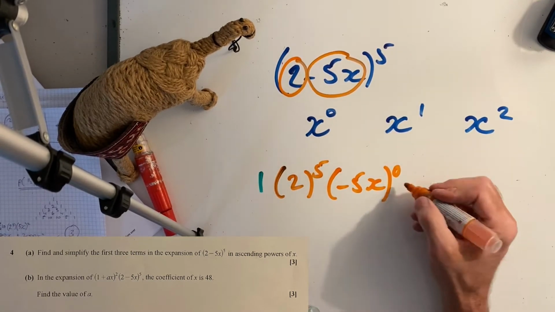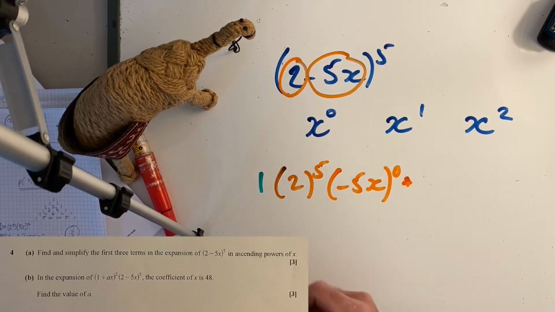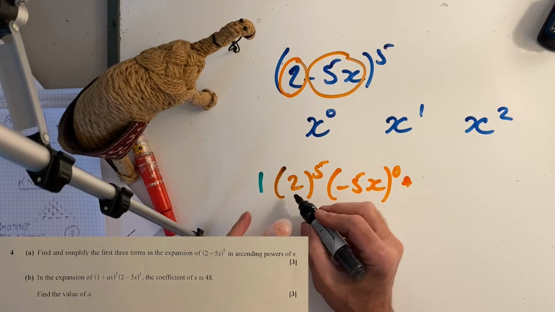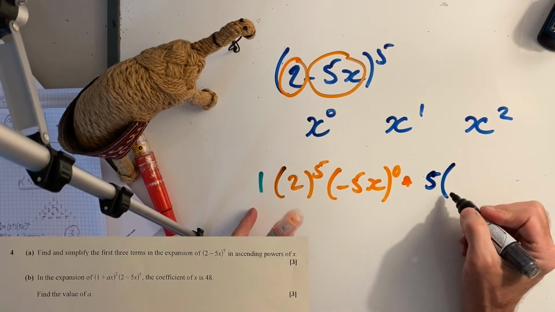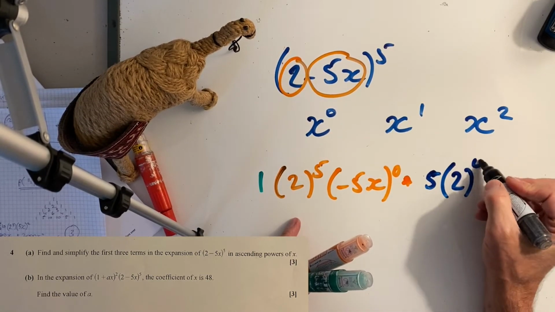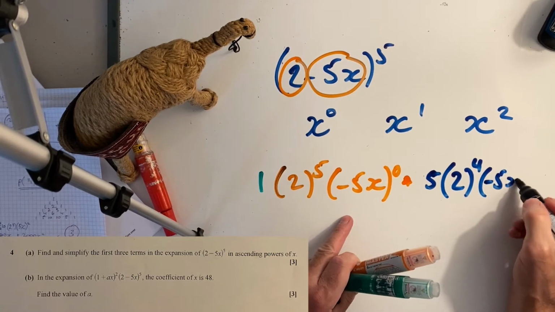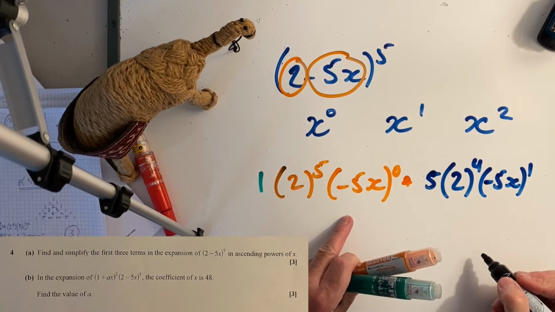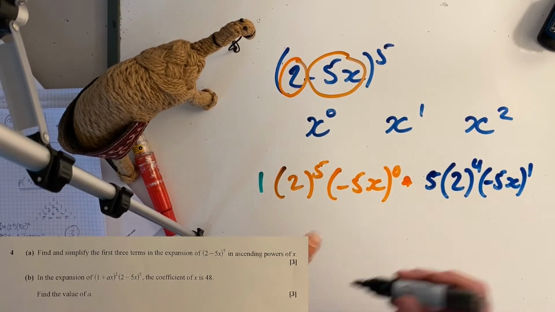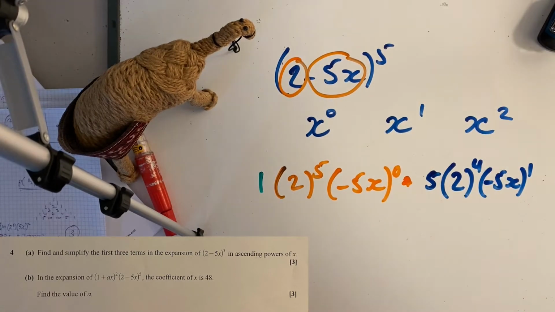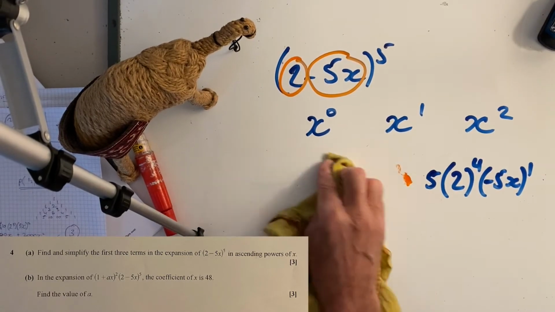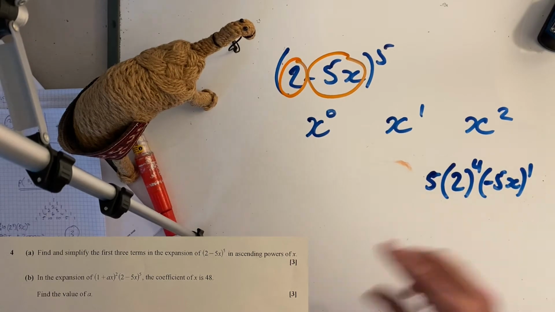And then plus, now this drops down, that increases. And don't forget we've got the 5 in front of that now. That's the coefficient. This drops down and this increases. Okay, and then we can tidy all that up. So I know that becomes 32.